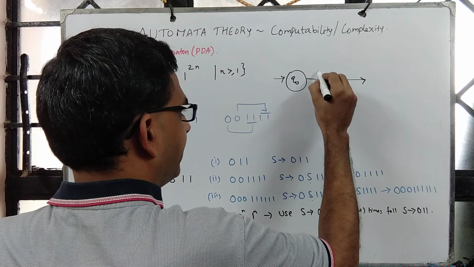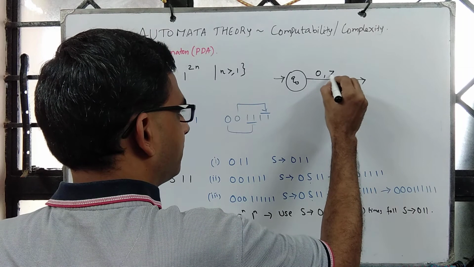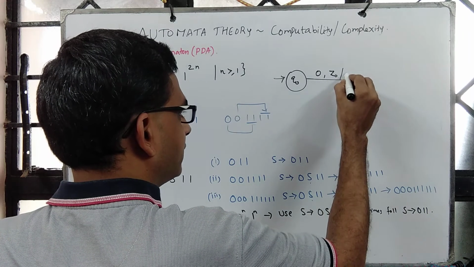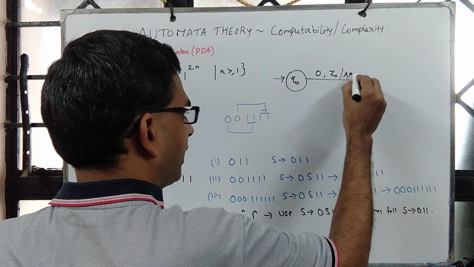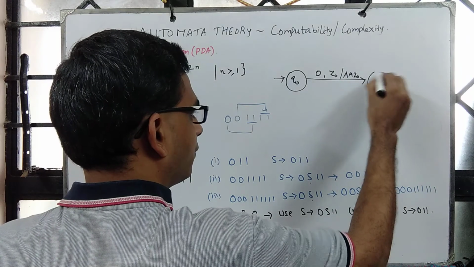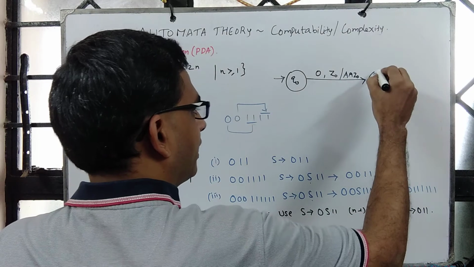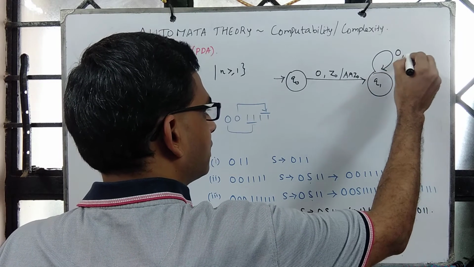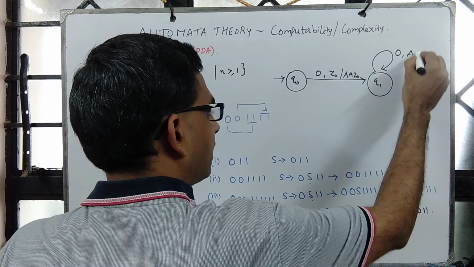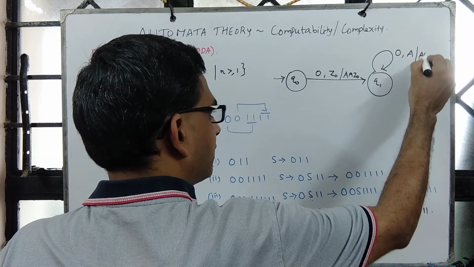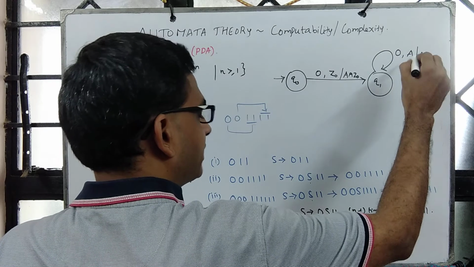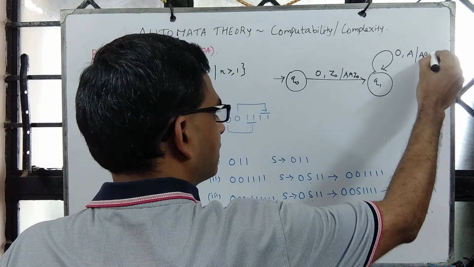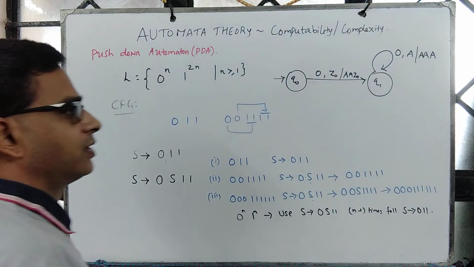On reading a 0, top symbol is Z0, which is changed to AAZ0. We go to Q1. And at Q1, we read some more zeros. Top symbol is A. We are not replacing, we push some more A's, so it becomes this.